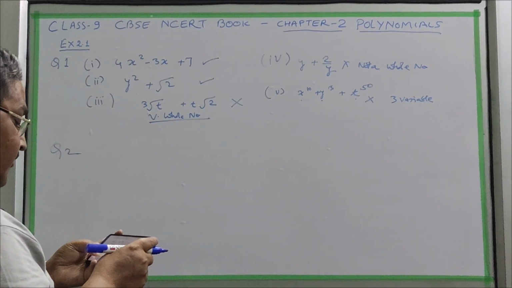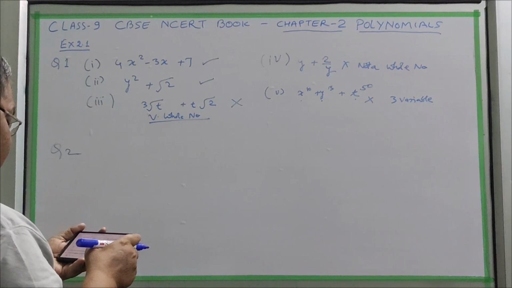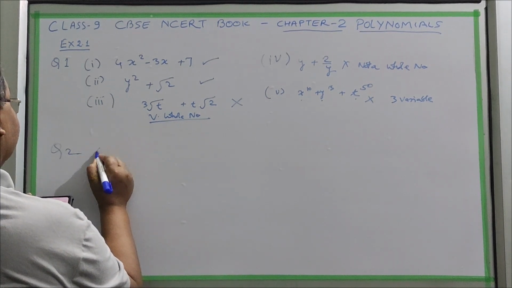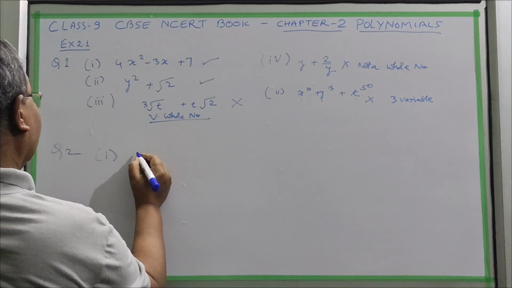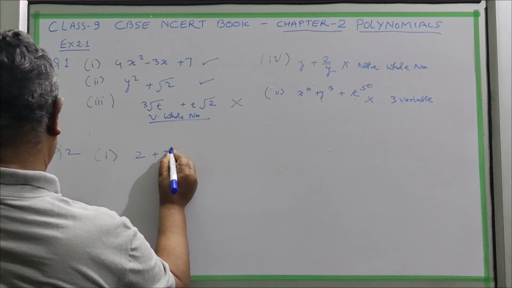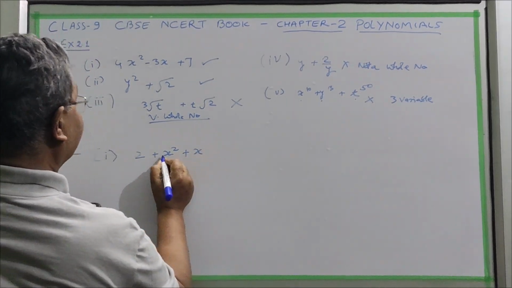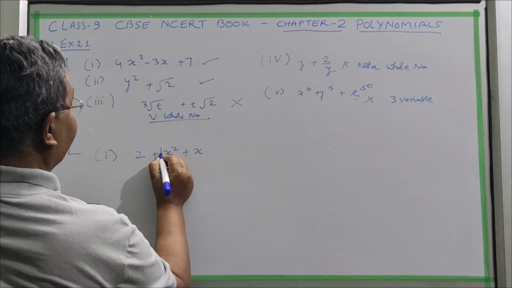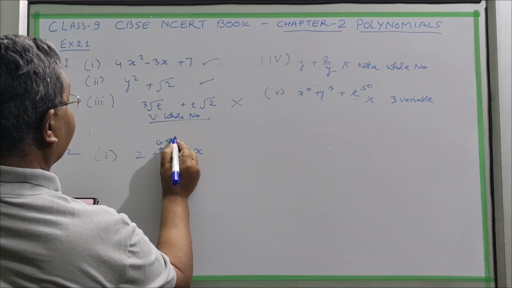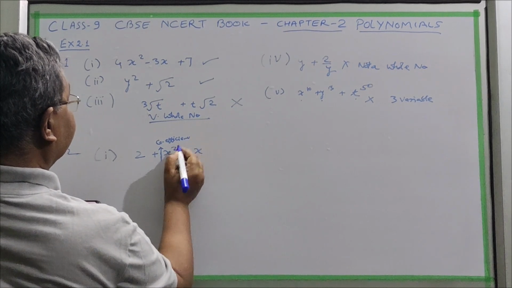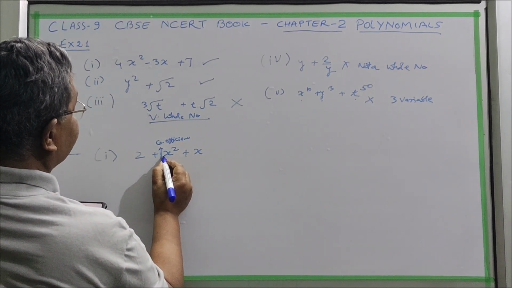Write the coefficient of x² in each of the following. In the first, 2 plus x² plus x. So here the coefficient comes. If you see here, one is hidden.